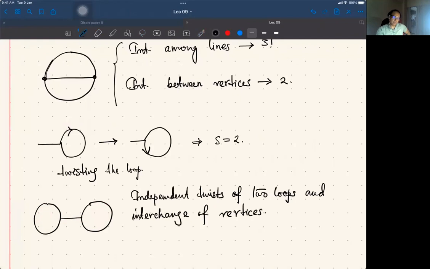Two vertices. This is a symmetry, and that gives you S to be equal to. Each one is twofold. The twist is twofold. There are two twists, each contributing a factor of 2, and the interchange of two vertices is a factor of 2, so 2 cubed. So that is the symmetry factor.